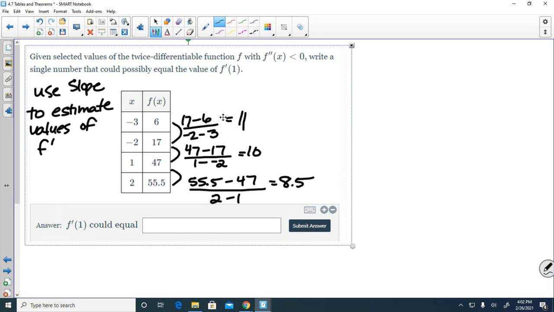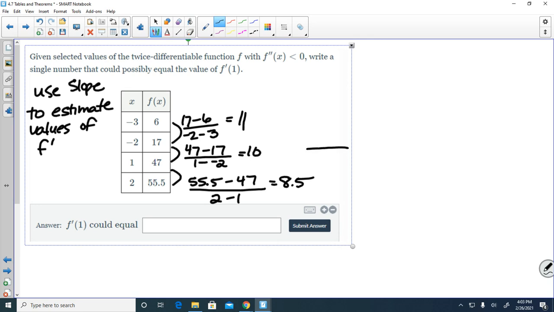Okay, so what I have is pretty good estimates for f prime. So f prime from negative 3 to negative 2 is the average, it's about 11. From negative 2 to 1, f prime is about 10. From 1 to 2, f prime is about 8.5. But they're asking me what is f prime of 1. So f prime of 1 would be right in between these two intervals.